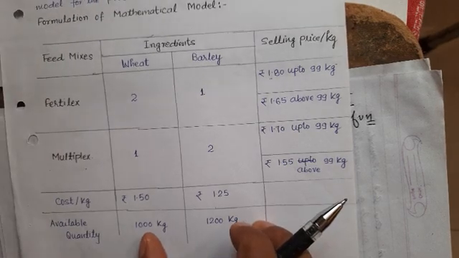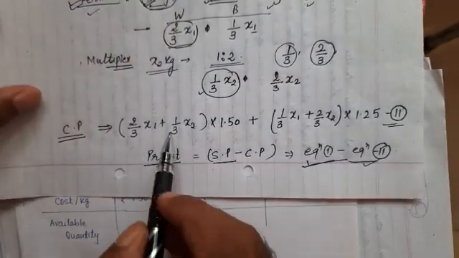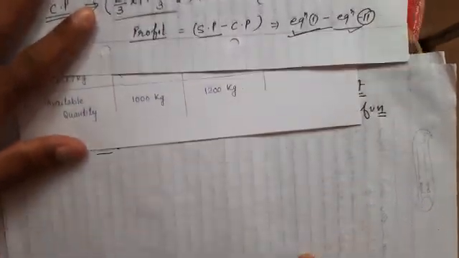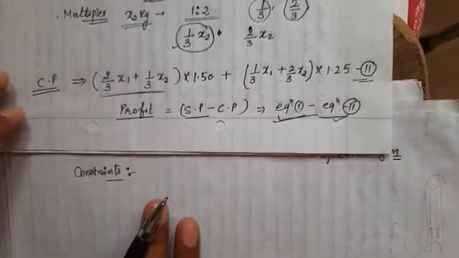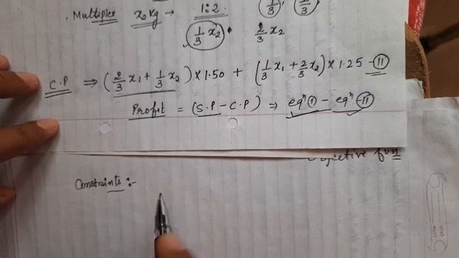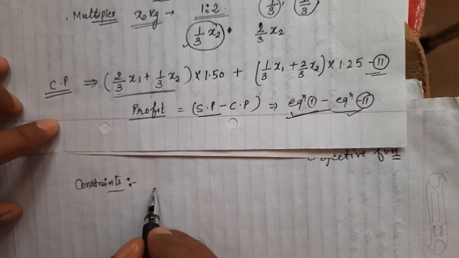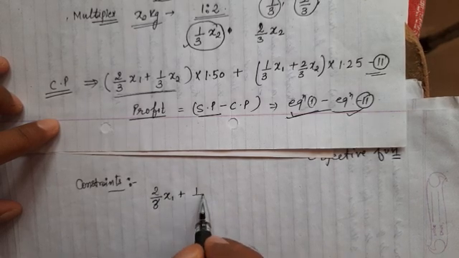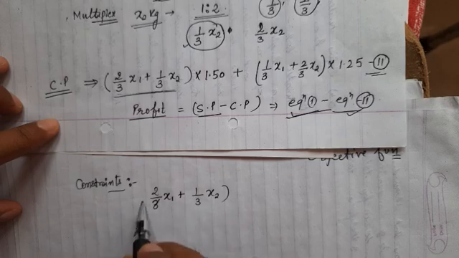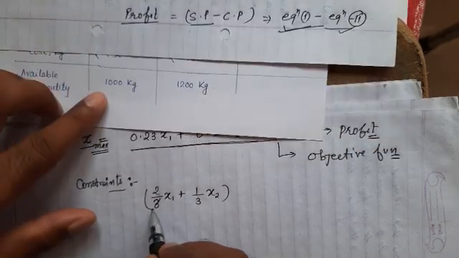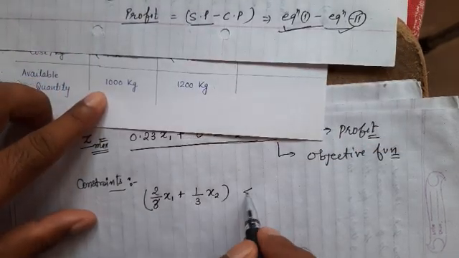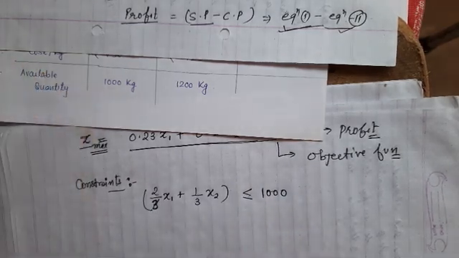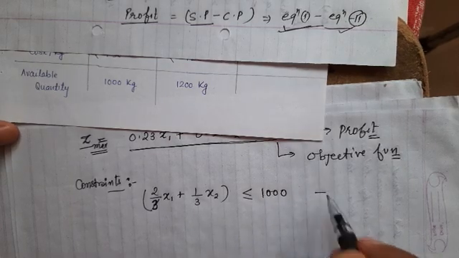So the constraint will be: the quantity of the wheat, 2/3 of x1 plus 1/3 of x2, can be equal to or less than 1000 kg. You can fully utilize it or partially. So this is constraint one.